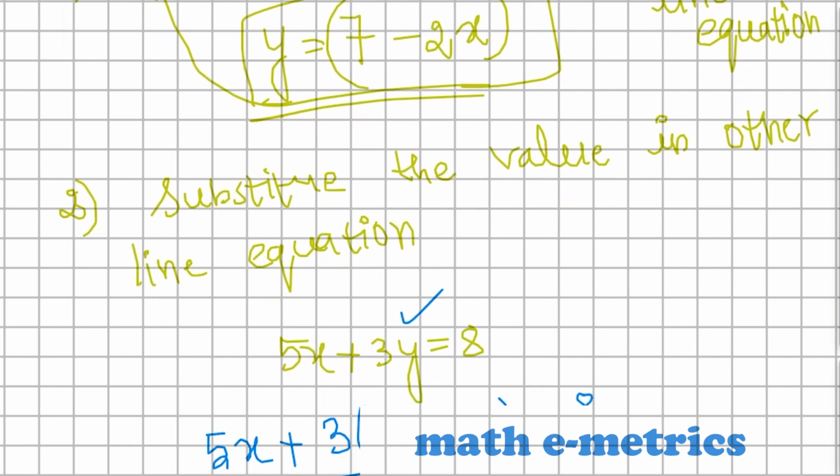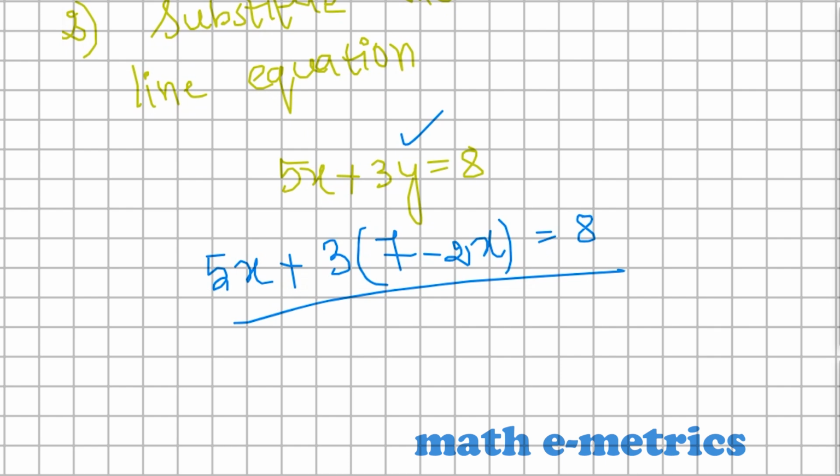How many variables do you see now? It's just one, x. If there is only one variable, can you find that? It would be 5x plus 21 minus 6x equals 8.